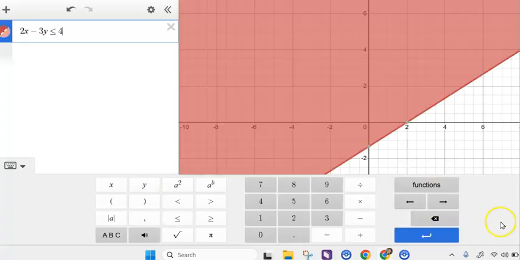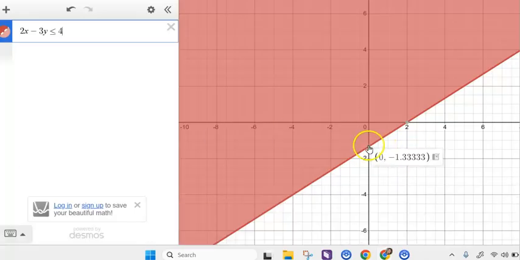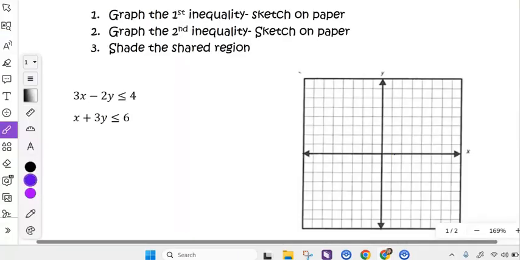So this I graphed. I'm going to see where it crosses. It crosses 2, 0, and then it looks like 0, negative 1.3. So let's go 2, 0, and then it's just going to be barely past negative 1.